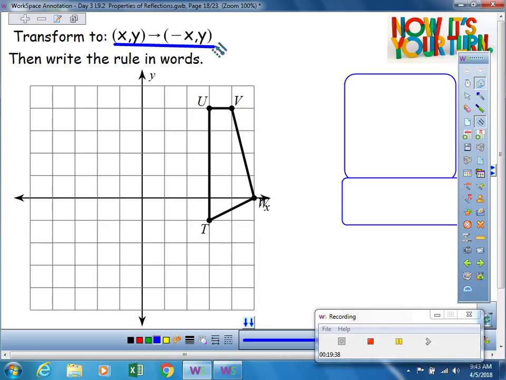Tell your shoulder partner which axis you're going over. The y. That is correct. And remember, if you're ever confused about how to exactly write that rule in words, look on your paper. They're all over the place. And then reflect it.